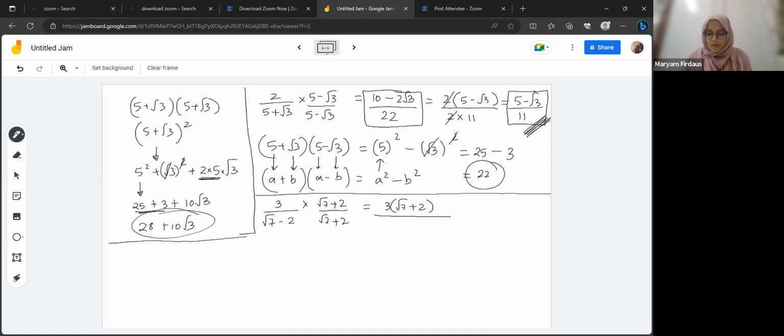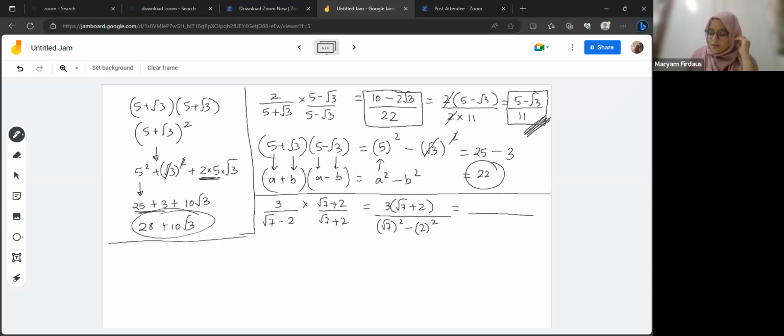Very good. So it will become root 7 square minus 2 square. Yes, a square minus b square. So now let's solve the numerator. What is the numerator?